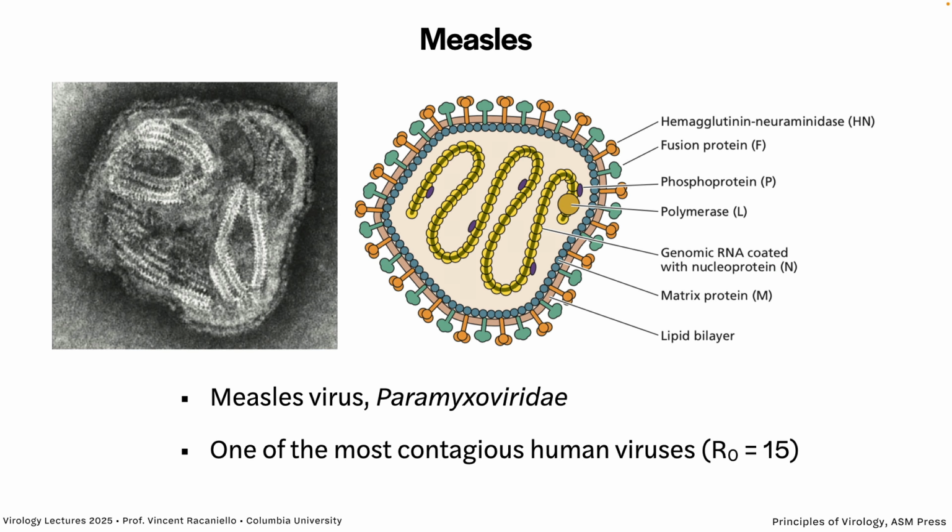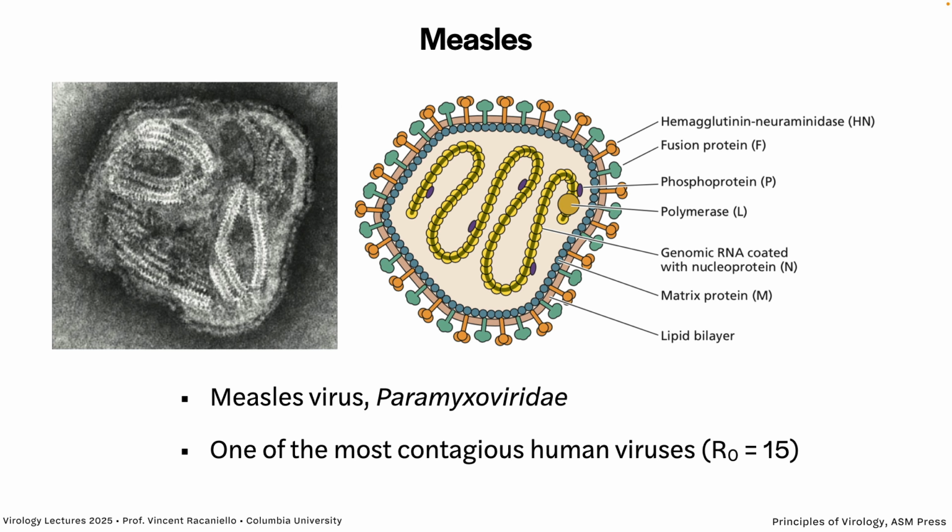It's a member of the paramyxovirus, a negative stranded envelope virus, a very contagious human virus. It's estimated that an infected individual could, on average, infect 15 other people. If I had measles and I were standing up here talking, you would all get measles.